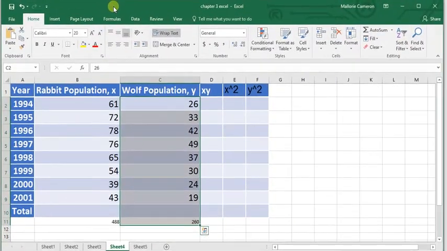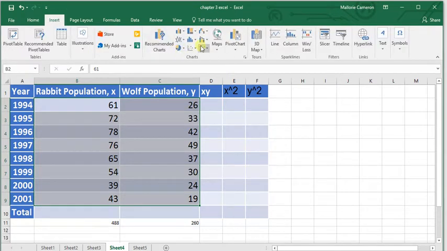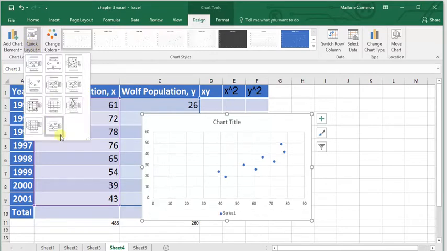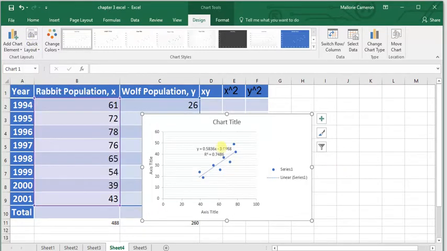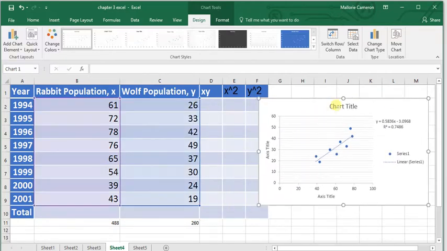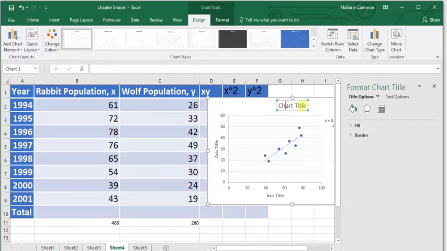I got 488 and 260. And then I would actually just graph these, because these questions are so long sometimes. I always like to know whether or not I'm getting it right. So even though I will require you to show all your work, this is a really good indication of whether or not you're getting it right.